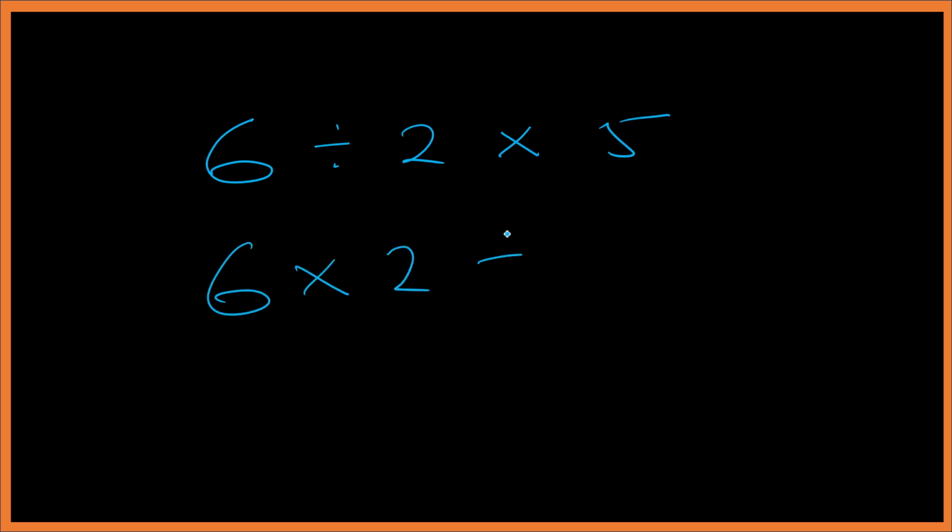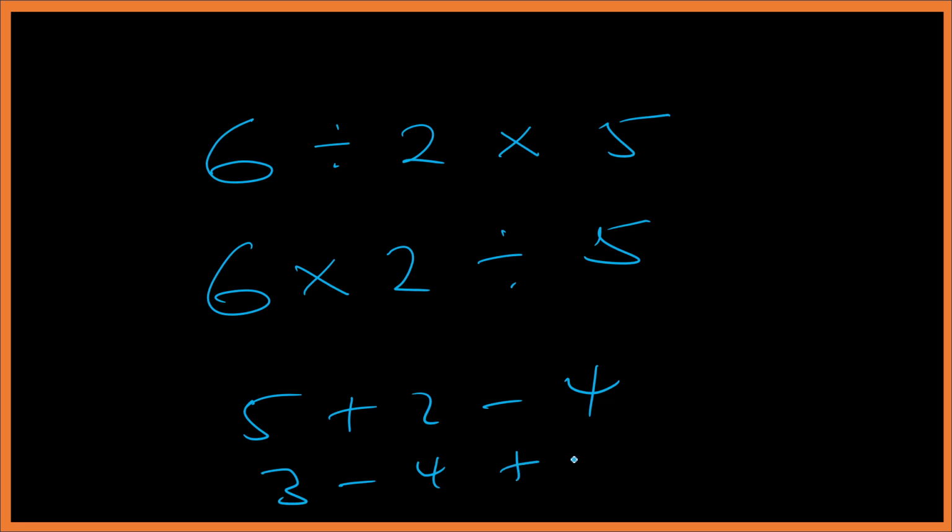Now in case you are given 6 divided by 2 times 5, or 6 times 2 divided by 5, or 5 plus 2 minus 4, or 3 minus 4 plus 5. Now let's look at the first pair.